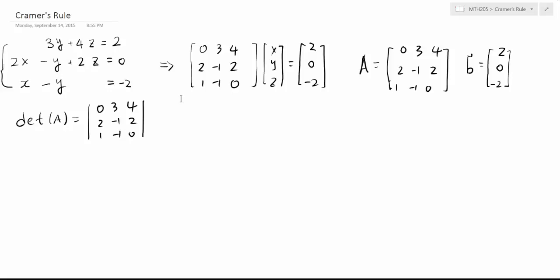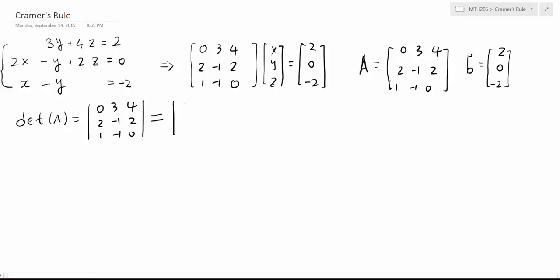To find the determinant, we can simplify the calculation a little bit, and we can use the last row multiplied by -2 and add it to the second one.